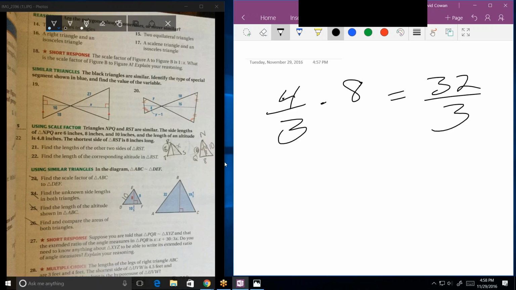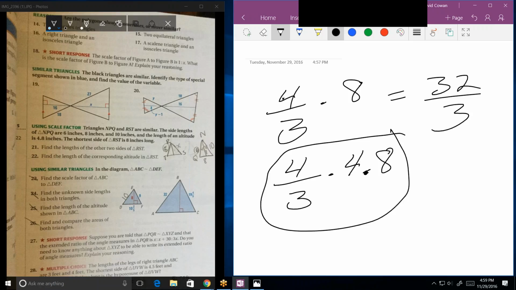And the corresponding altitude. If this altitude on the smaller triangle is 4.8, what's the altitude on the bigger triangle? Well, it's 4 thirds times 4.8. I don't really care what the answer is; what I care about is that you're doing it properly.